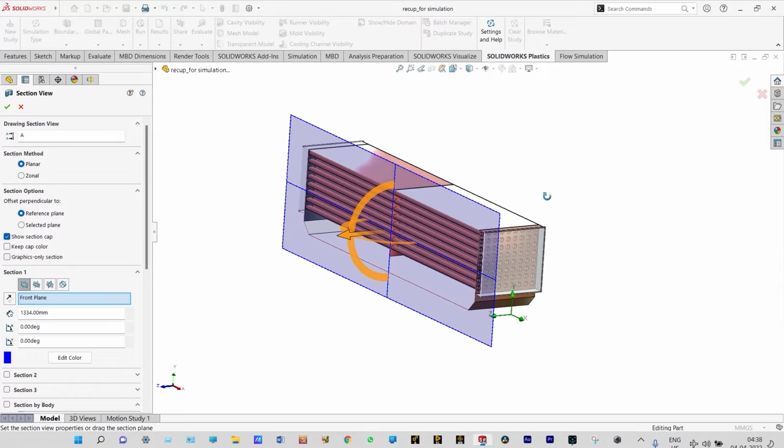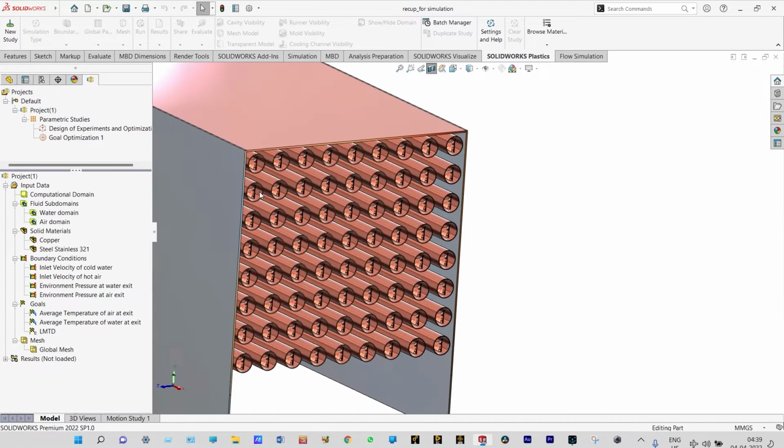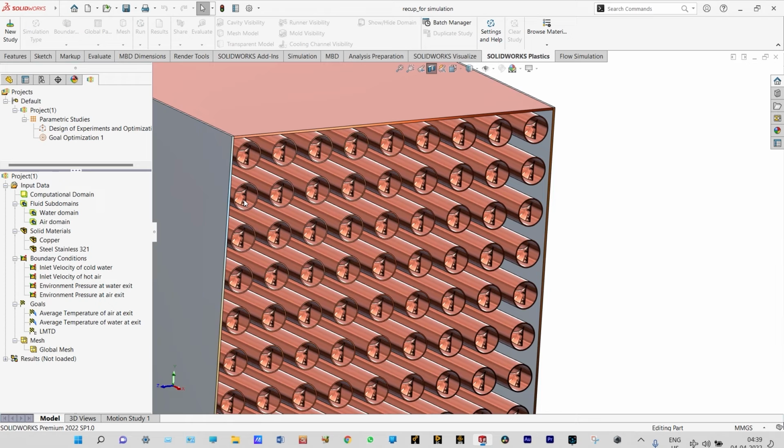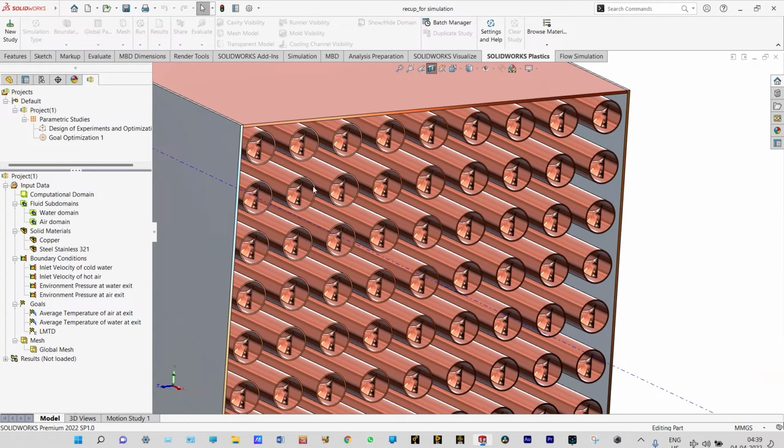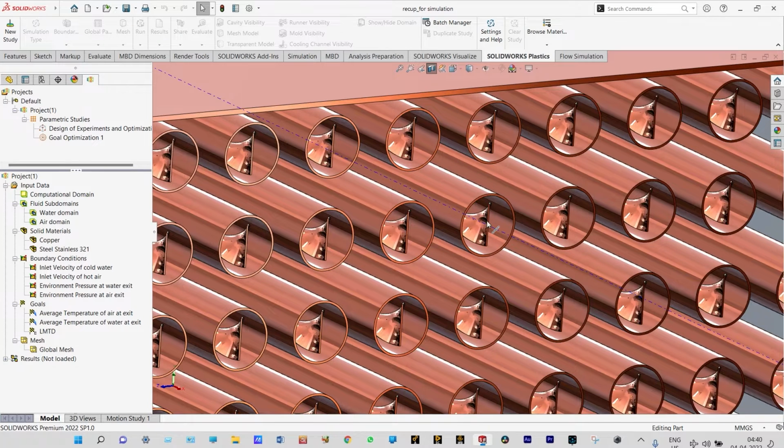To understand the geometry of this pipe, we can have another sectional view. We can cut it from right plane. These are the tubes, which are made up of copper. These are not normal tubes. To have more surface area, we have provided some kind of extra element inside these pipes or tubes, and this extra element is in the form of a spiral.